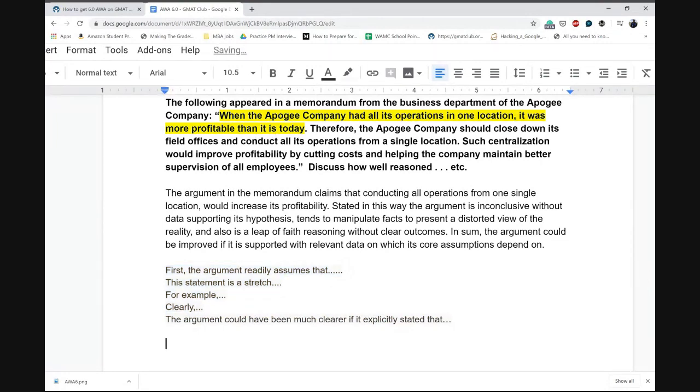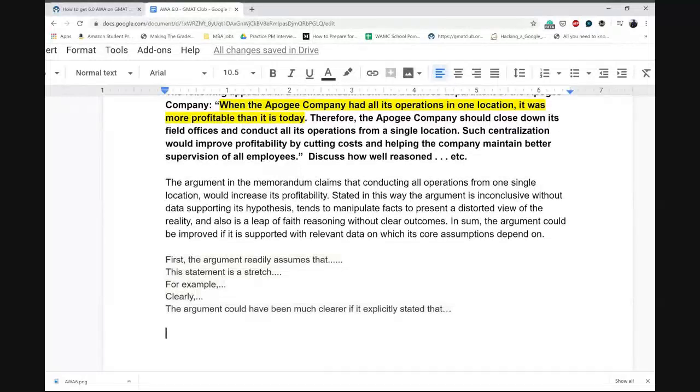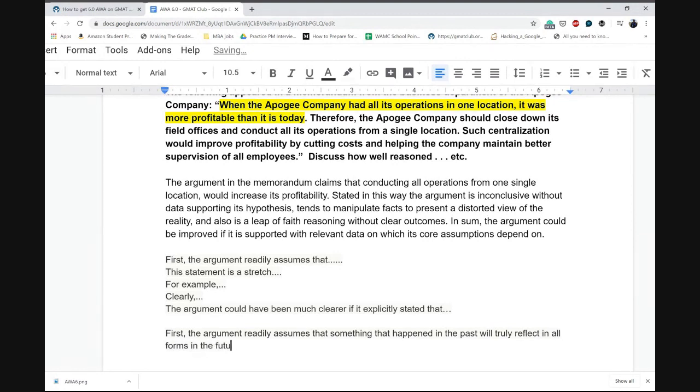So I'm going to go ahead and say, that first, the argument readily assumes that something that happened in the past will truly reflect in all forms in the future.